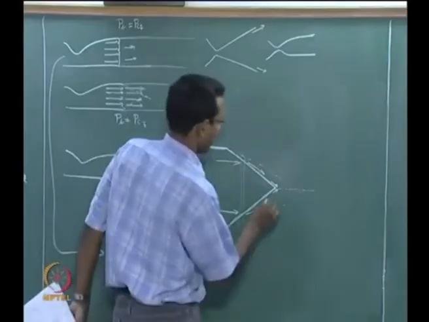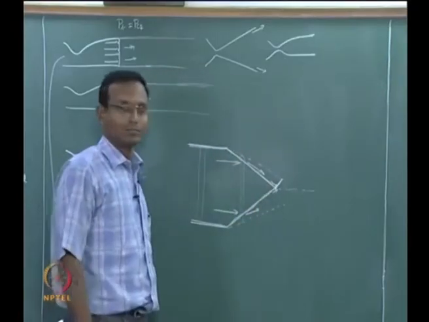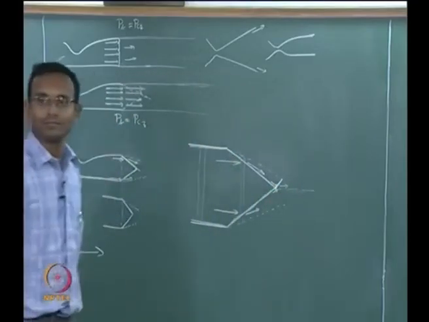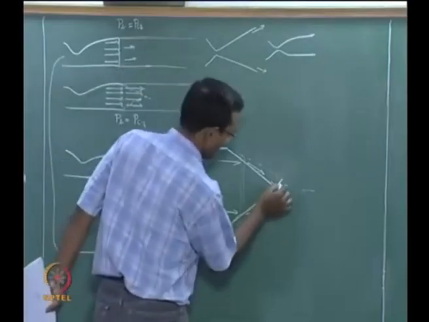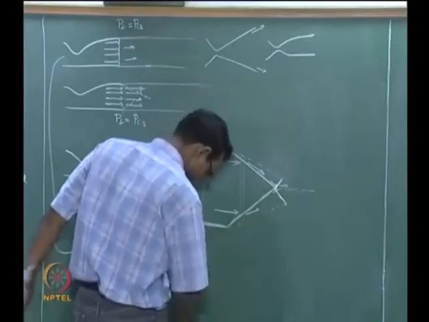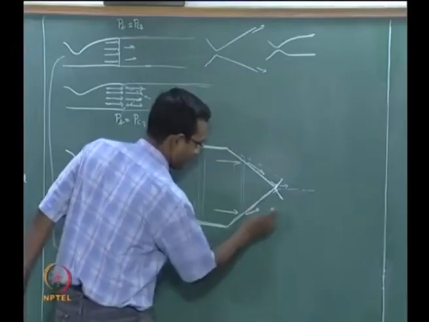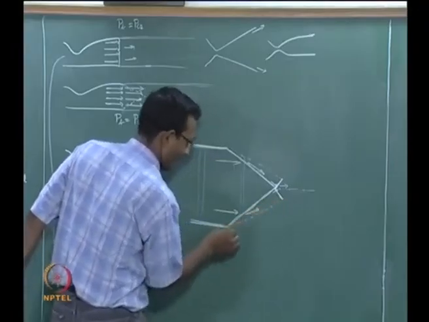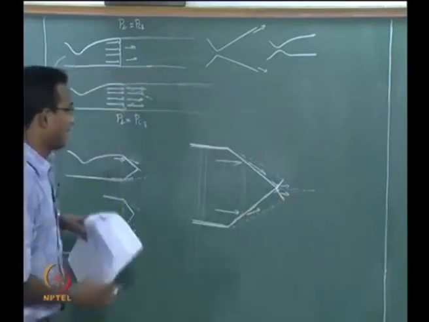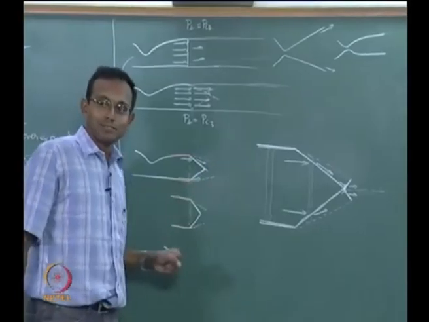To do that, there will be another oblique shock, okay, and then the flow here will go straight. Similarly, it is an exactly symmetric problem, so I will just go this side. Of course, it looks like I have not drawn the jet boundaries symmetrically, I will adjust that. Okay. And then this side also it will go straight like this. Okay. This is for a simple system.